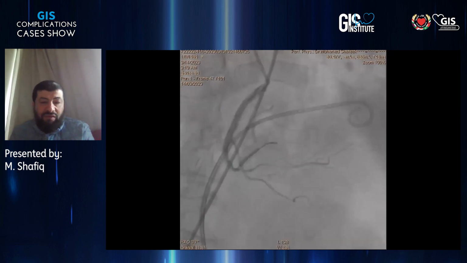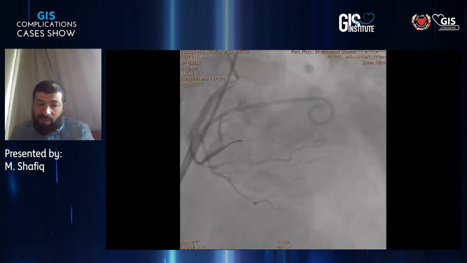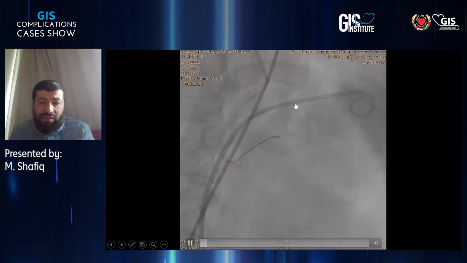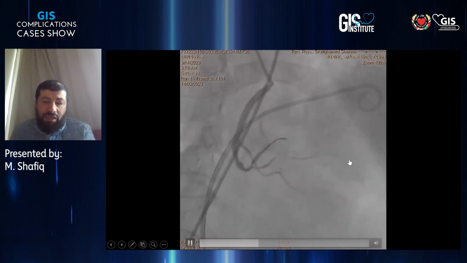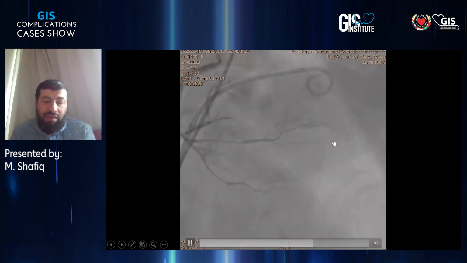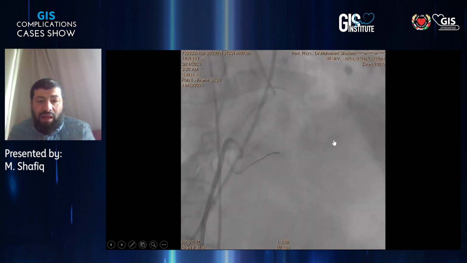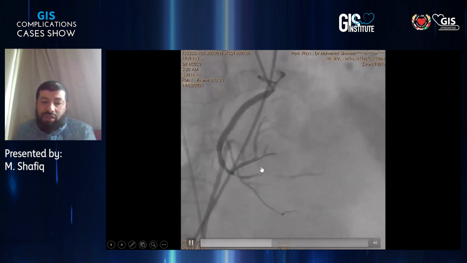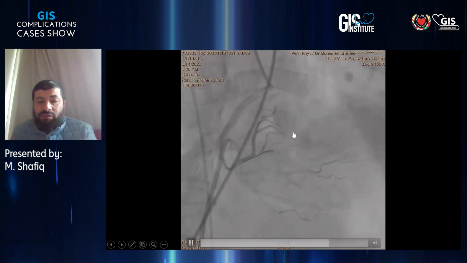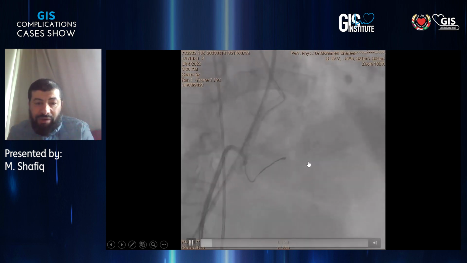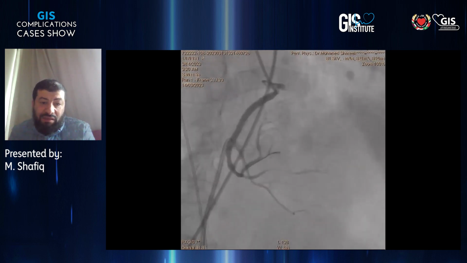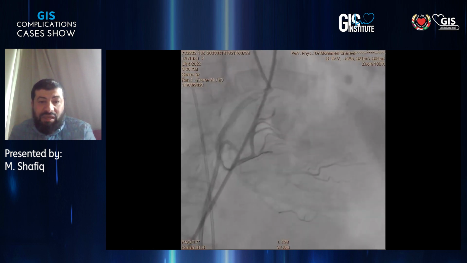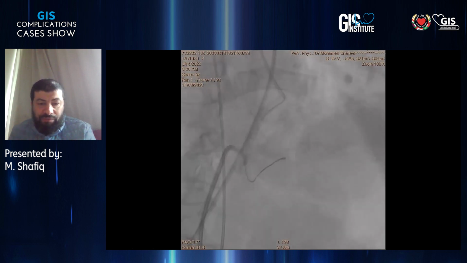But this was a life-saving situation for me. Thanks God, the patient was stable at this stage. The blood pressure regained again after pericardiocentesis. And I think the shock stage temporarily helped us to stop this perforation together with heparin reversal. And the stent, thanks God, also is intact, not thrombosed.